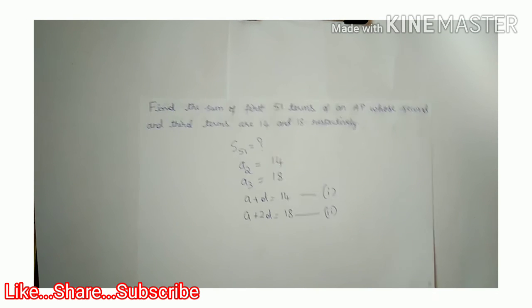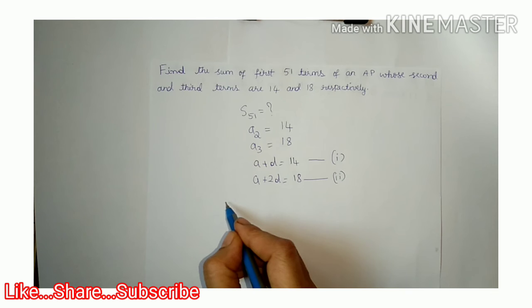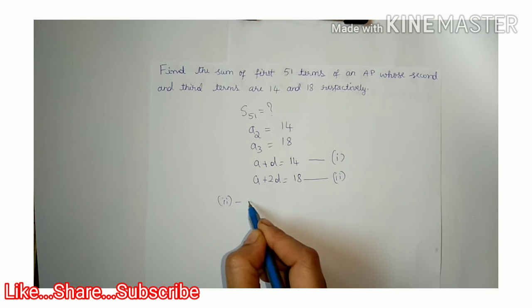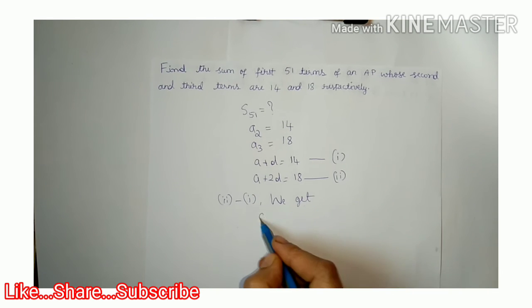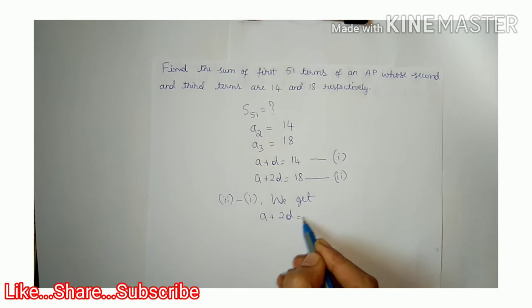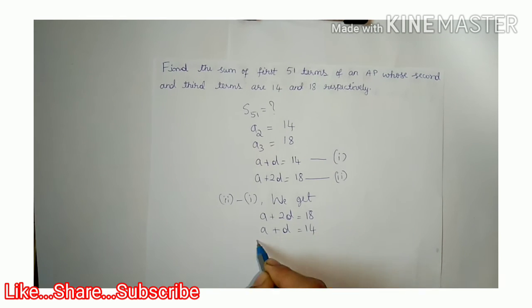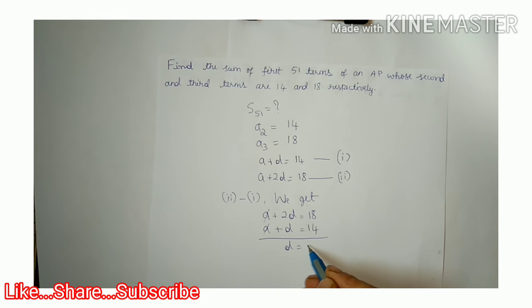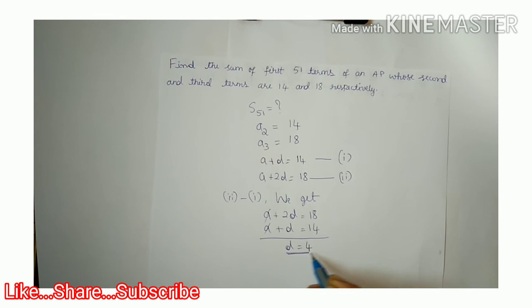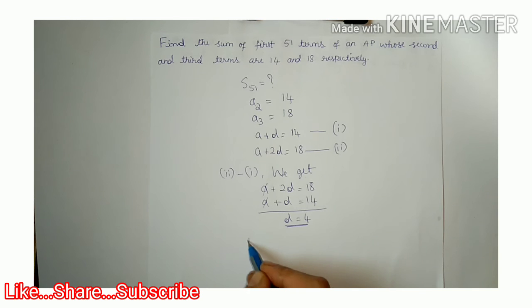Solving the pair of linear equations, we get equation 2 minus equation 1. a plus 2d is equal to 18, a plus d is equal to 14. Subtract: d is equal to 18 minus 14, 4. Common difference is 4.